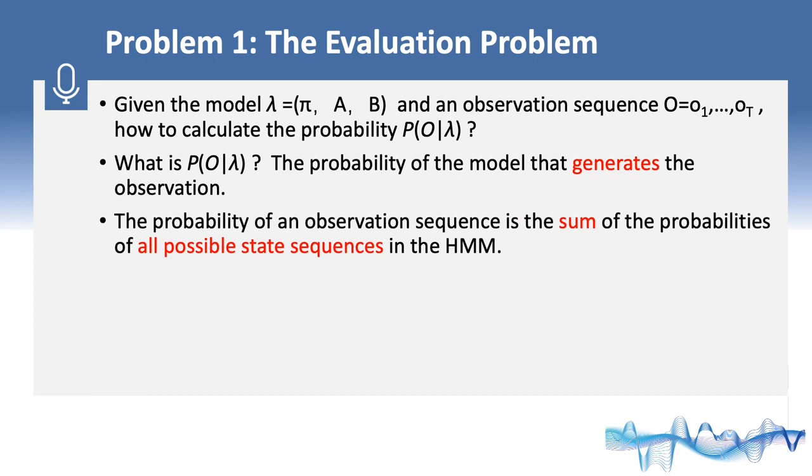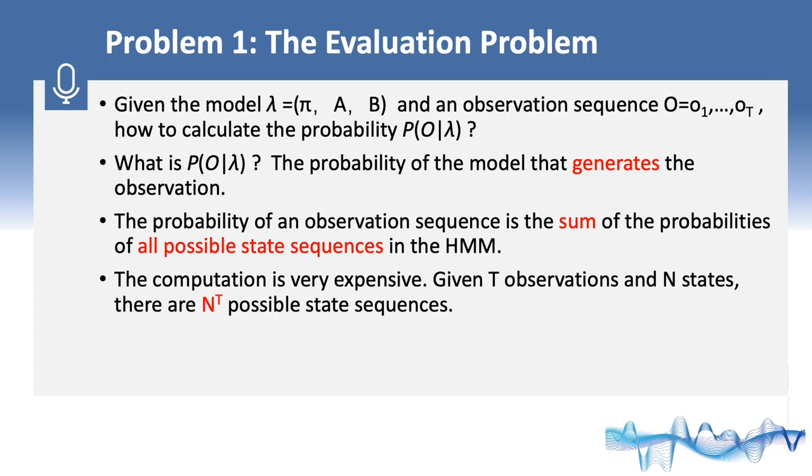The probability of an observation sequence is the sum of the probabilities of all possible state sequences in the HMM. The computation is very expensive.